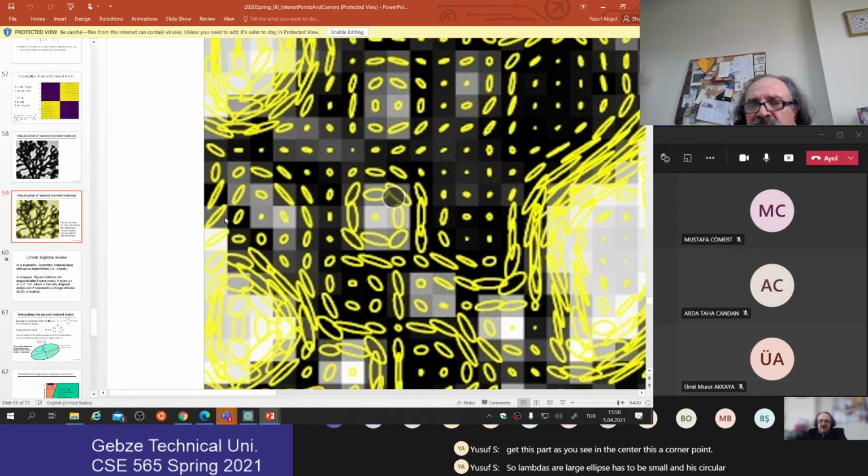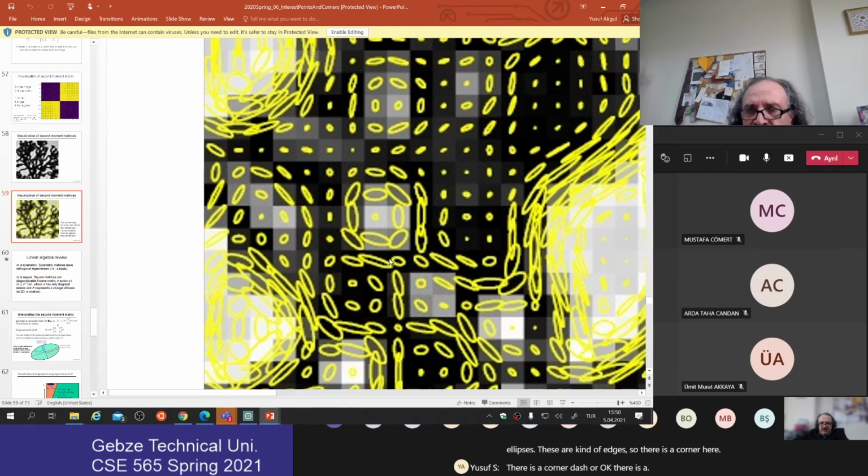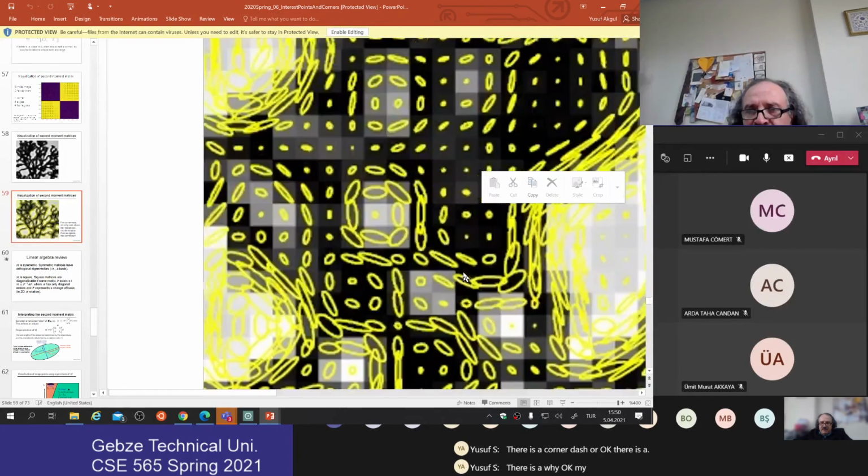Here, these are not corners anymore. These are elongated ellipses. These are kind of edges. So there is a corner here, there is a corner there. Okay, my interface now does work.